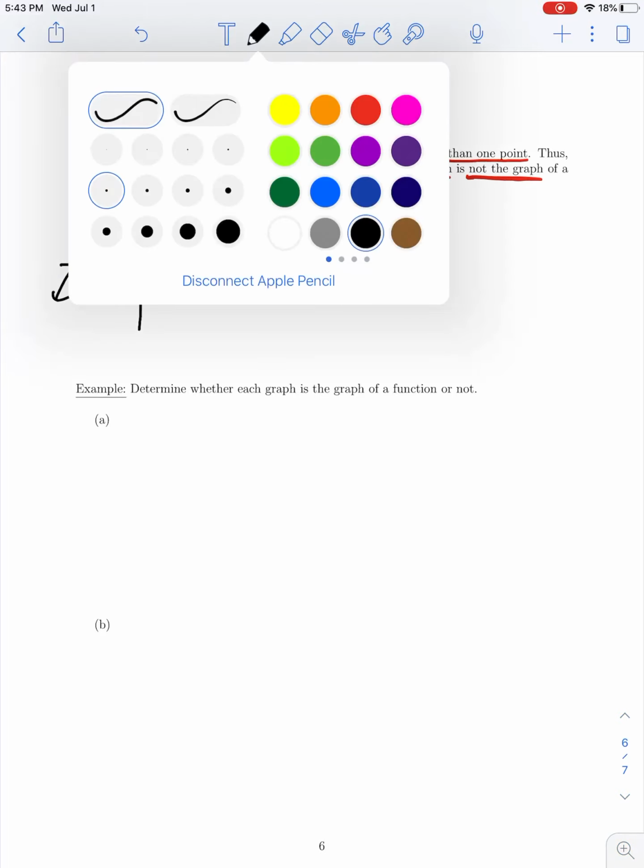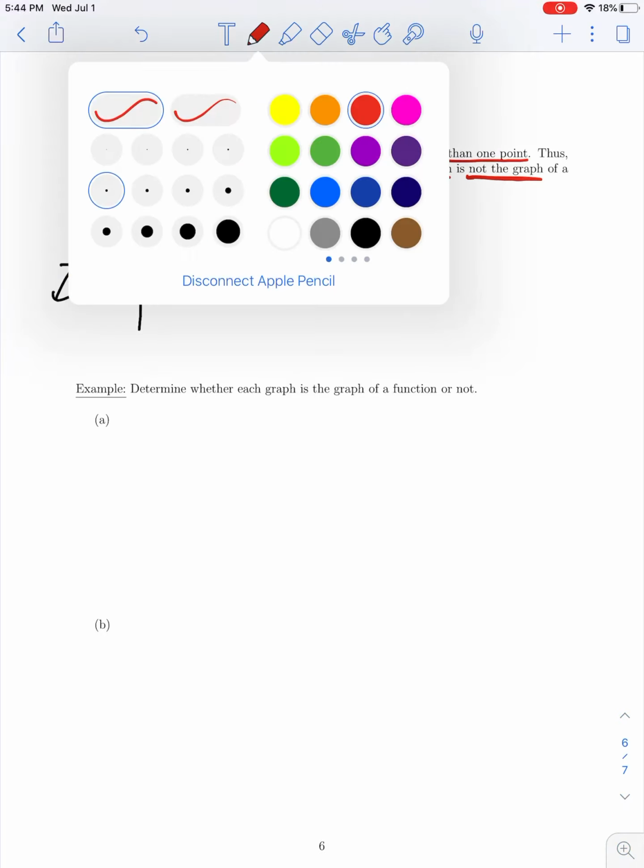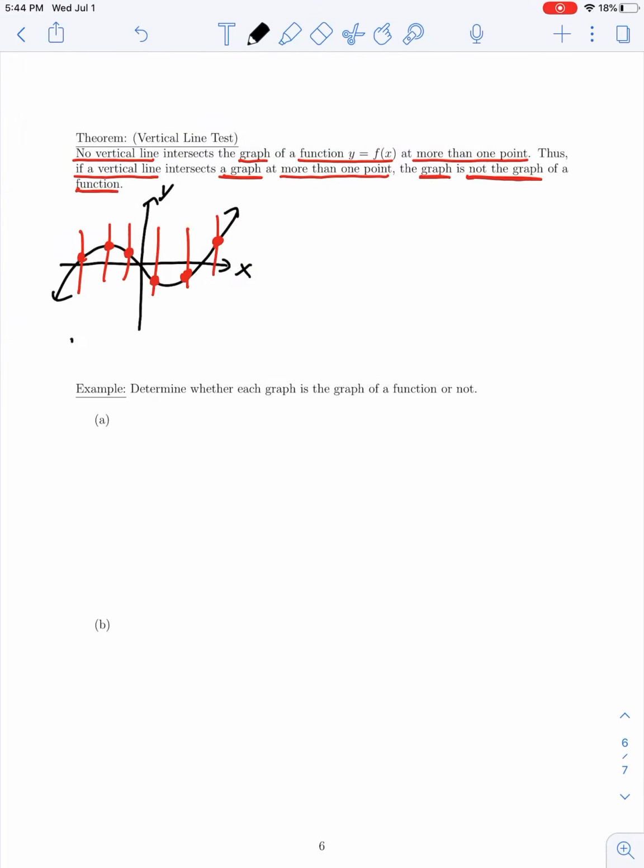So the vertical line test says, as long as any vertical line hits this curve in at most one point, then this is the graph of a function. So in the example that I've sketched here, this would be the graph of a function, something of the form y equals f of x.